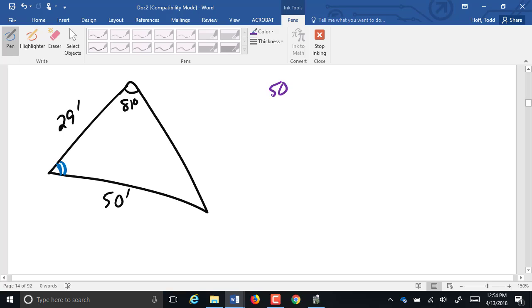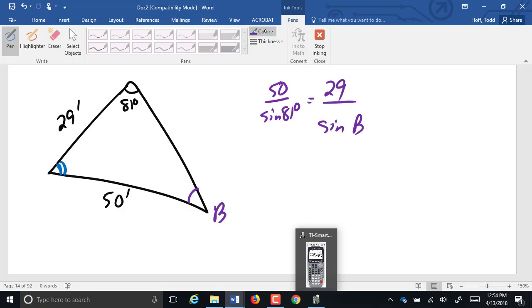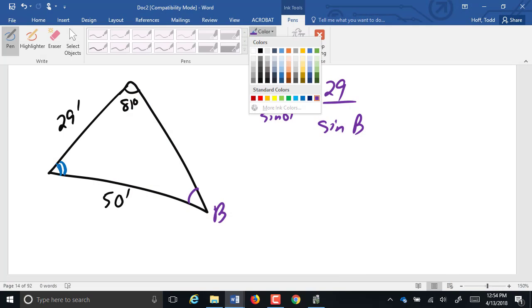We got 50 with a sine of 81 degrees equals 29 over the sine of, we'll call this angle B over here. We need to cross multiply and divide.